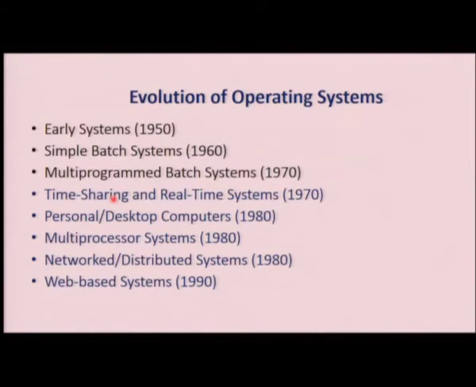So, we have had time sharing and real time systems as 2 separate ideas. Time sharing is what we normally talk about, multi-user multitasking. Real-time systems place a demand saying that in the next few seconds this exercise must be done.